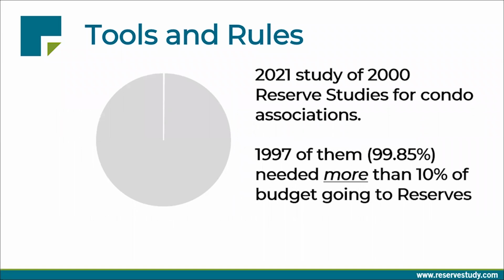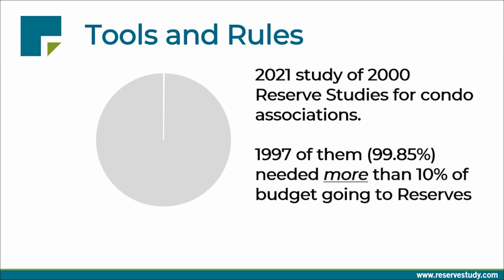In 2021, we did a study of 2,000 reserve studies that we've done just for condo associations. And all but 3 of them, 1,997 of them, which is 99.85%, needed more than 10% of budget going to reserves. And you see this gray circle here, and you wonder, Robert, why are you showing us a gray circle? Well, that's a pie chart.